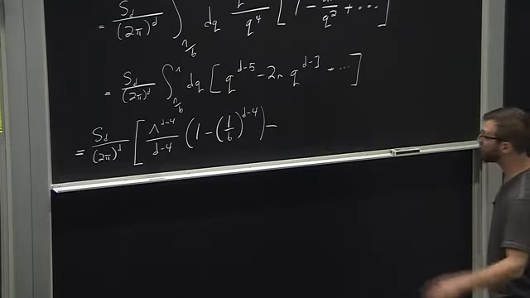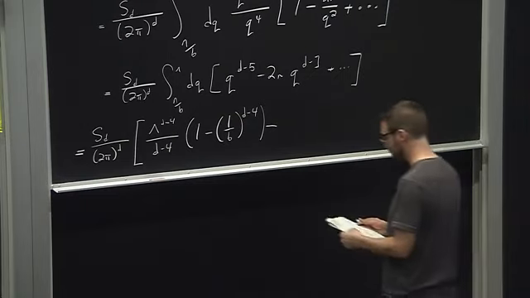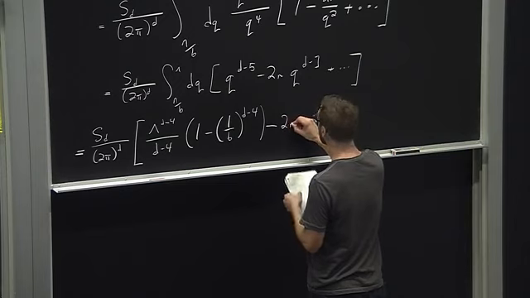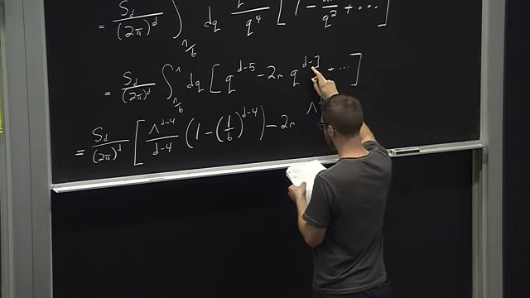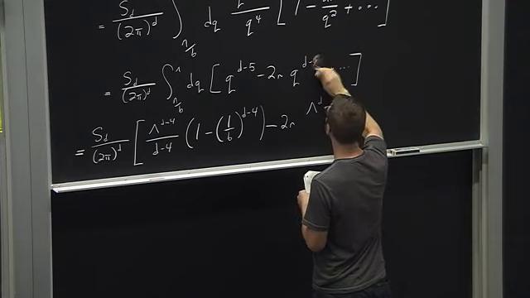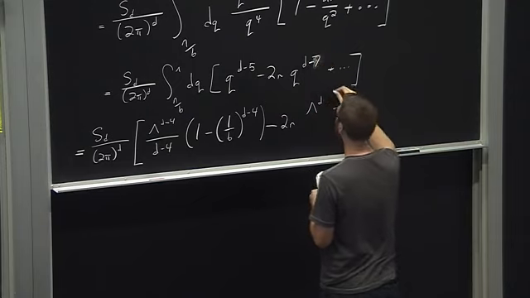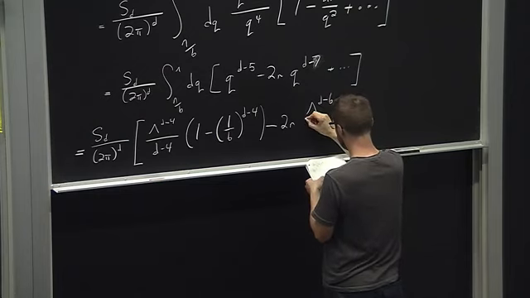I'm just going to factor out the lambda, the big cutoff, the momentum cutoff. So this one will be 2r. Forgot my 7 here. Oh, that's what that's supposed to be. That's weird. So it's 6.